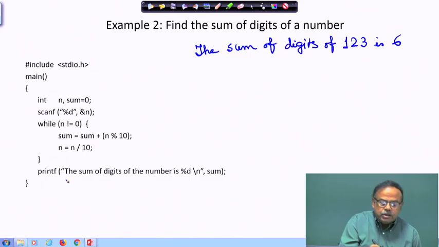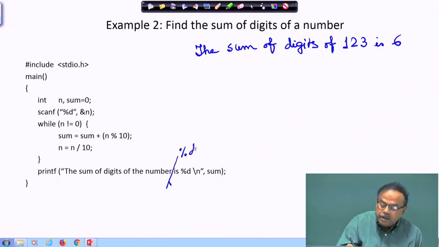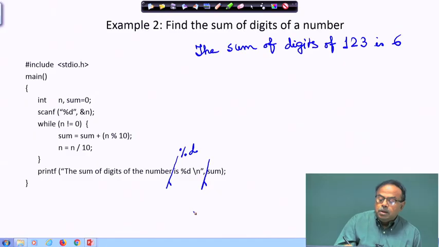Of course, I should modify this statement. This statement should be the sum of the digits of the number %d is %d, and here before sum what should I do?